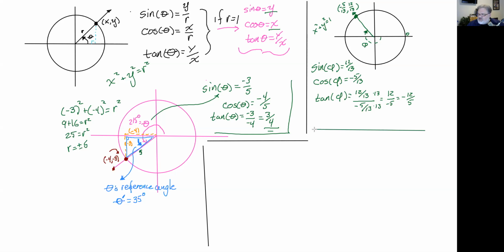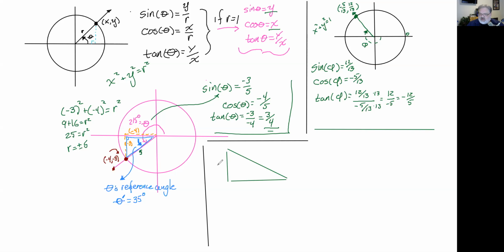In case you're curious, by the way, where I came up with the 5/12 and 5/13 and 12/13, we dealt with a couple of days ago one of our triangles that had some nice lengths on it.